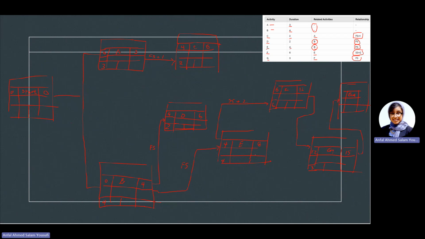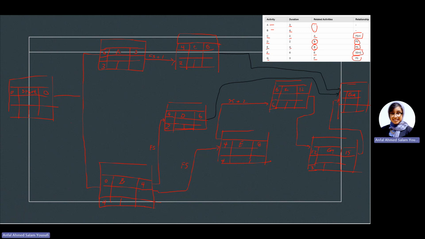Whenever you have an input, you're supposed to have an output. If you notice in here, C does not have an output. Let me use another color, I'm going to use black so you guys can see the difference. Whenever you have an input and there is no output, that output goes directly to your end. Let's see D. You have an input, you do not have an output, meaning it is supposed to go to end.